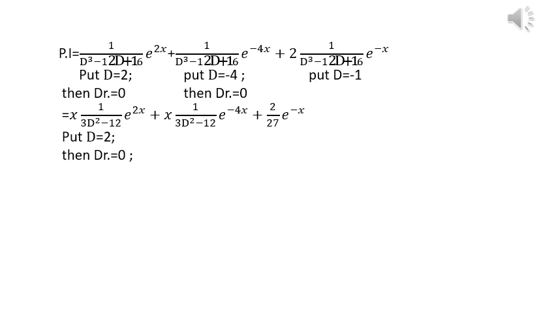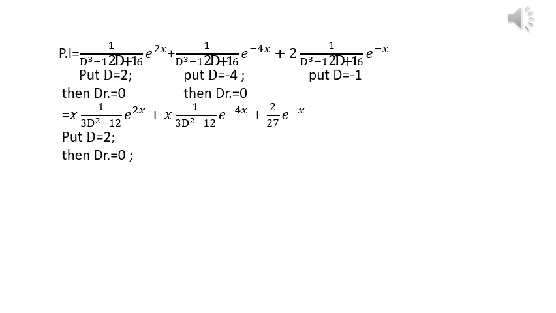By differentiating d cube minus 12d plus 16, which is the previous step. Then put d is equal to minus 4. What happened to the denominator? When d is equal to minus 4, the denominator is 16. Therefore, the second term is x into e to the power minus 4x divided by 16.